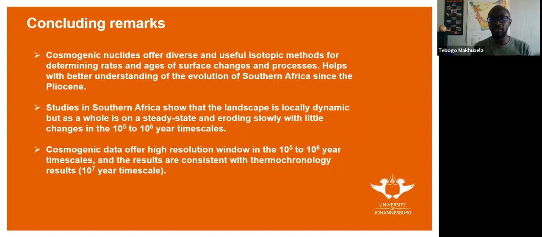But when you combine beryllium-10 with helium-3 or neon-21 or aluminium-26, you open up a lot of other interpretations of the data. And you can go from dating to determining rates. And as a result, they're just superior.